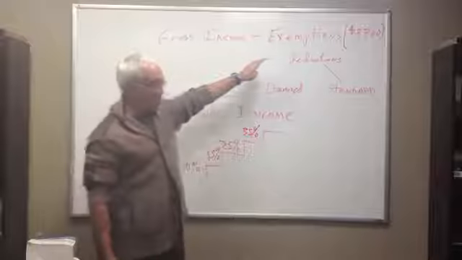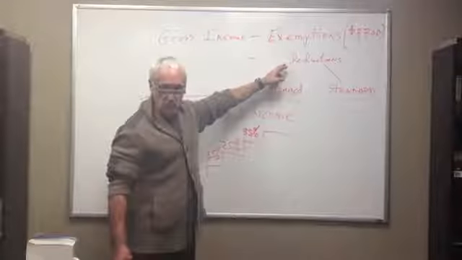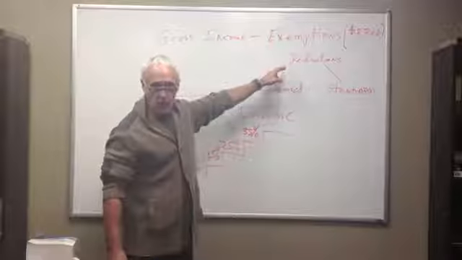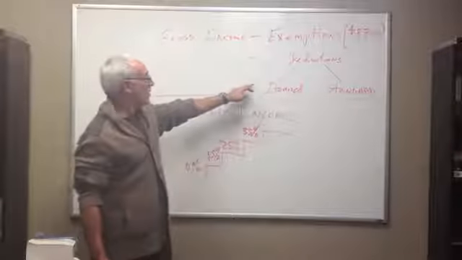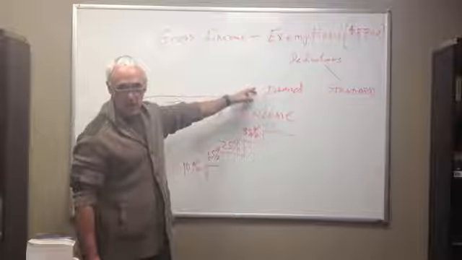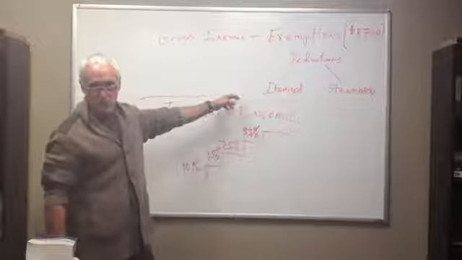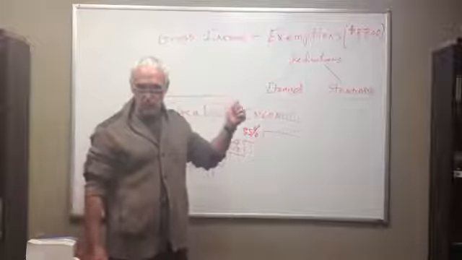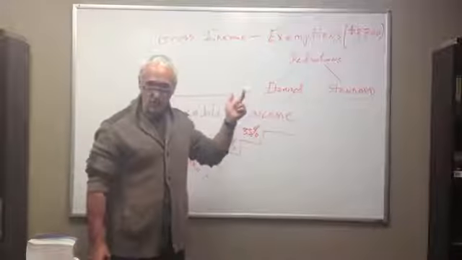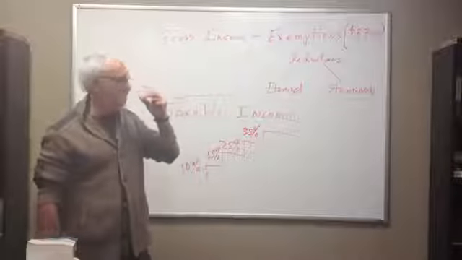The next category of reductions are called, appropriately enough, deductions. And there are two categories of deductions. There are itemized deductions. Now this is for people who want to keep a record of certain expense categories. The three big itemized deductions are charitable contributions, real estate taxes for those who own a home, and interest on a mortgage for those who own real estate.